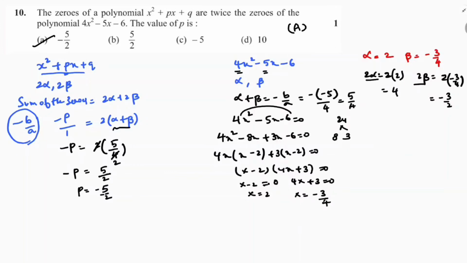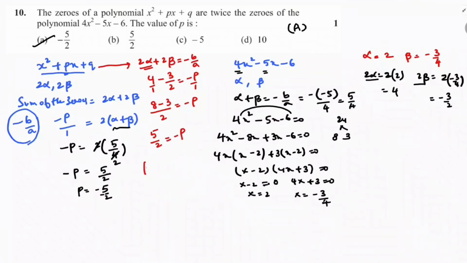Now I'll find the sum: 2 alpha plus 2 beta is minus b by a. 2 alpha value is 4, minus 3 by 2, equals minus p by 1. Taking LCM 2, it's 8 minus 3 by 2 equals minus p. 5 by 2 equals minus p. So p equals minus 5 upon 2. So the answer is minus 5 by 2.